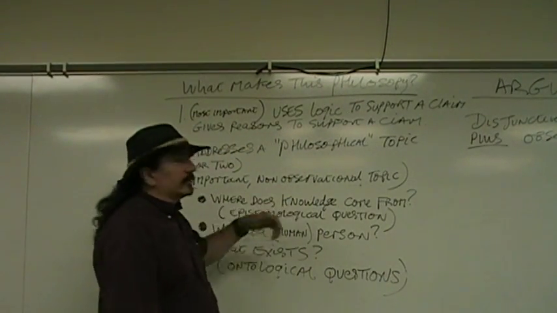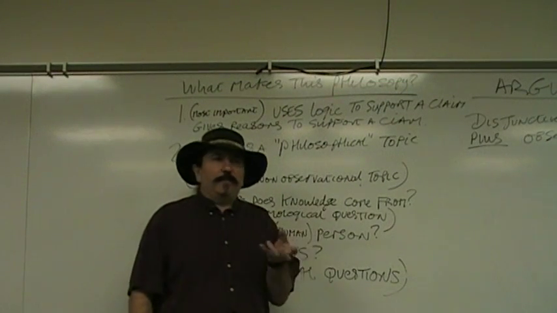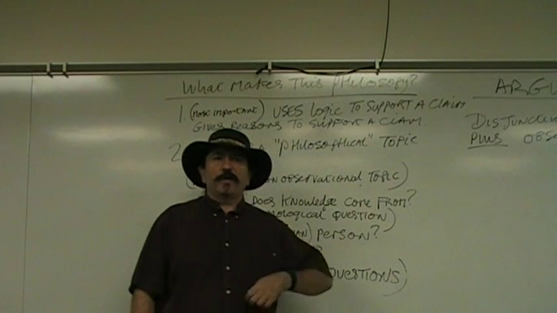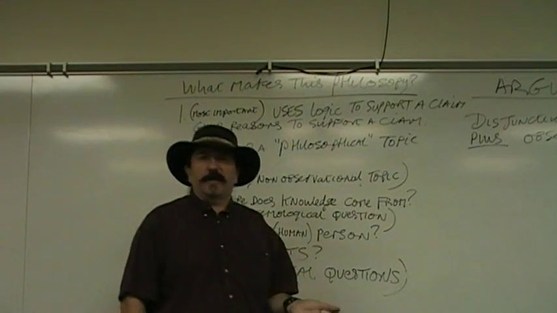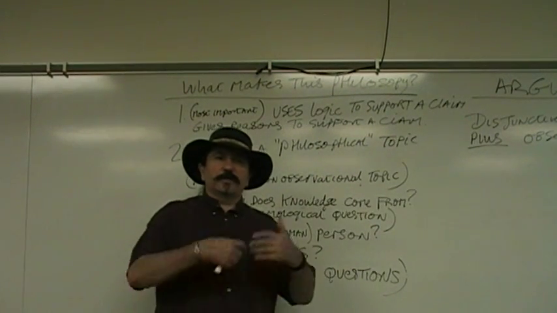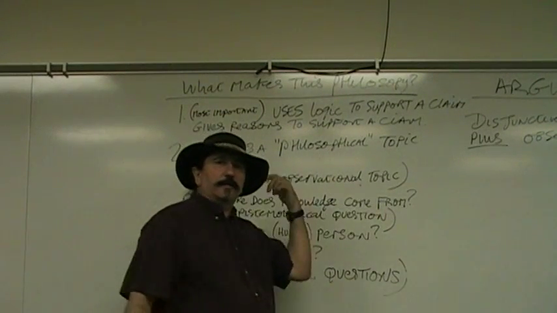So this question of where knowledge comes from is on the borderline. It's kind of a scientific question because we can make observations of people gaining knowledge. And Socrates thought you could observe somebody recollecting knowledge that he didn't recollect before.